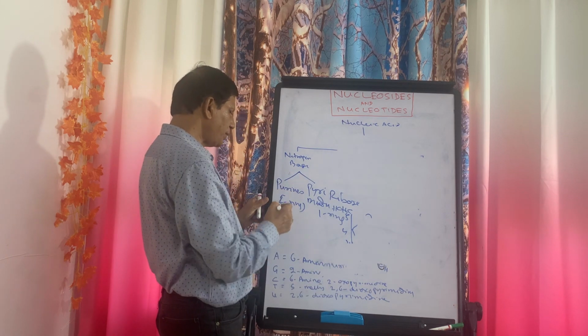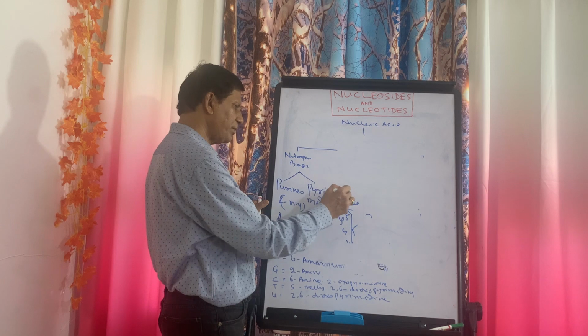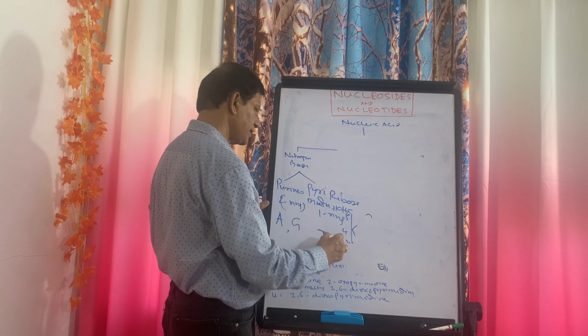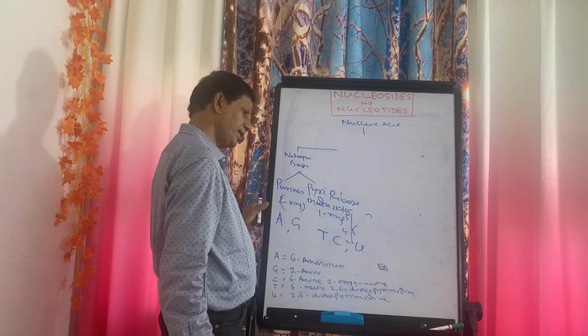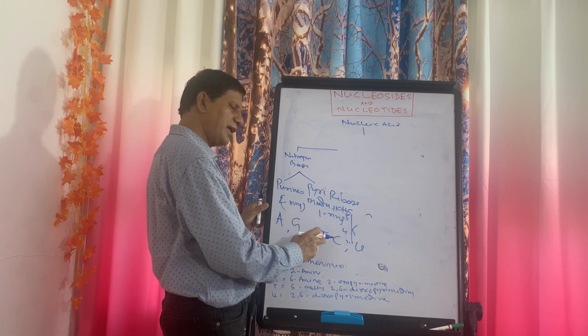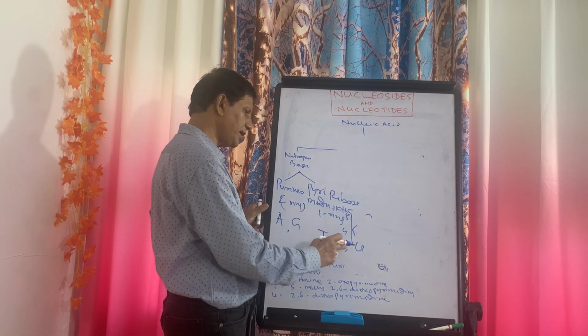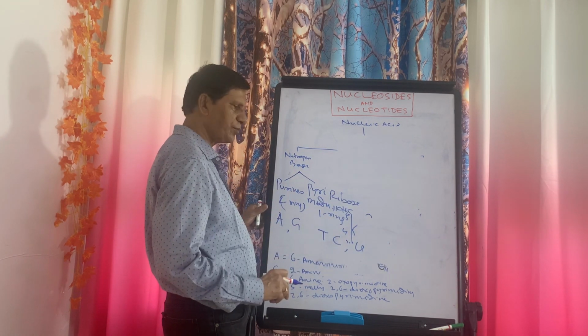Examples of purines are adenine and guanine, and examples of pyrimidines are thymine, cytosine and uracil. In case of DNA, there is adenine, guanine, thymine and cytosine, while in case of RNA, there is adenine, guanine, cytosine and uracil. Thymine will be absent.